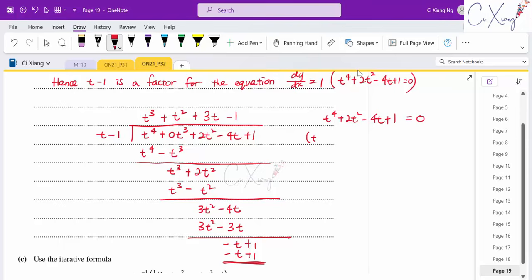So I'm having t minus 1 times t power 3 plus t squared plus 3t minus 1 equals 0. So if you solve this equation, t minus 1 equals 0, and from here, you successfully get the equation t power 3 plus t squared plus 3t minus 1 equals 0. And this is exactly the polynomial that they want us to show.